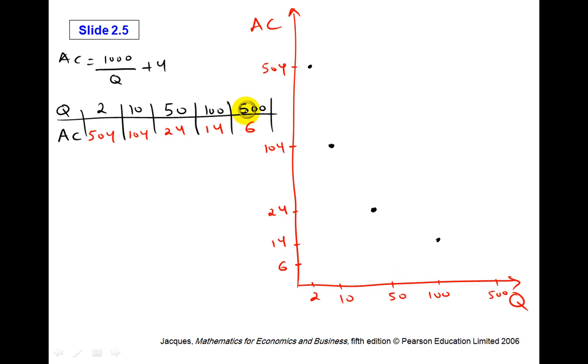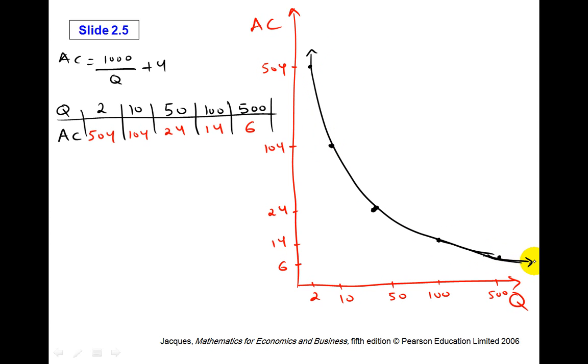When Q is 500, it will be 6. Okay. Now connect these points together. So our graph looks like this. This is our curve.